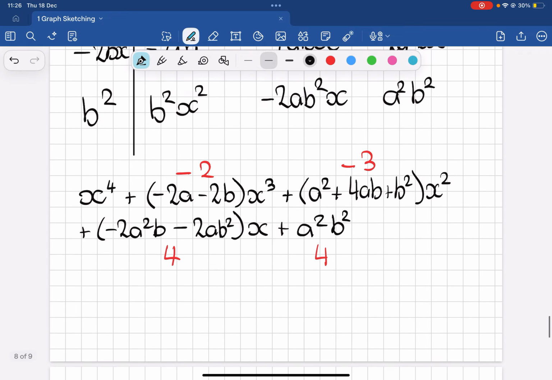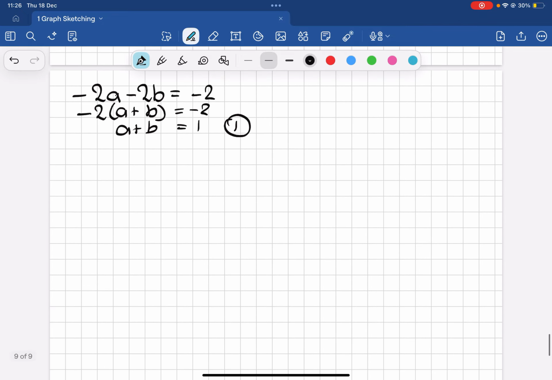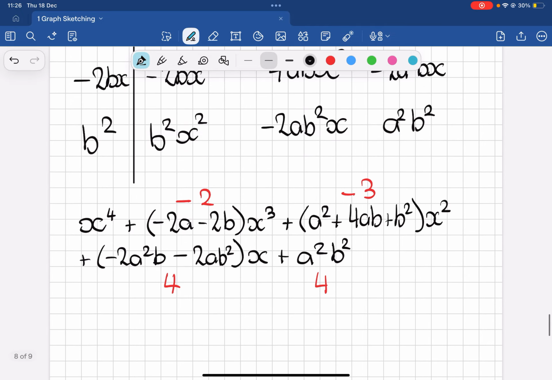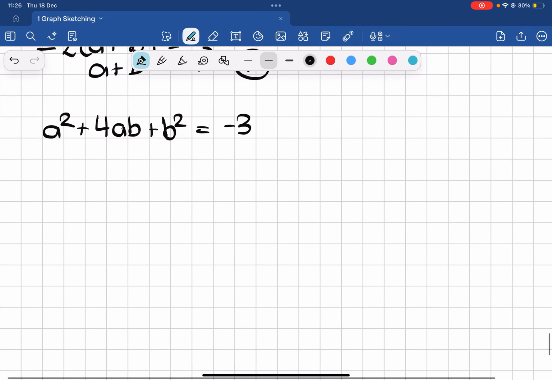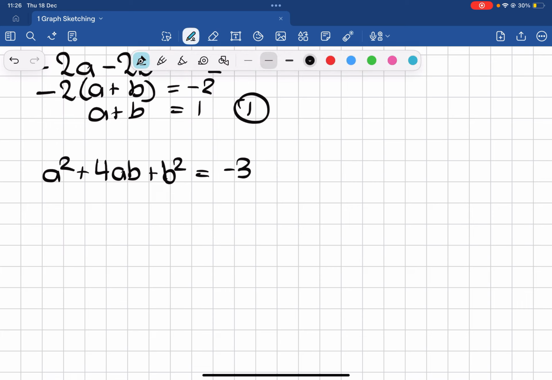Now on to x squared, we've got a squared plus 4ab plus b squared equals minus 3. Is that right? Yep. Then we know (a plus b) all squared is a squared plus 2ab plus b squared.